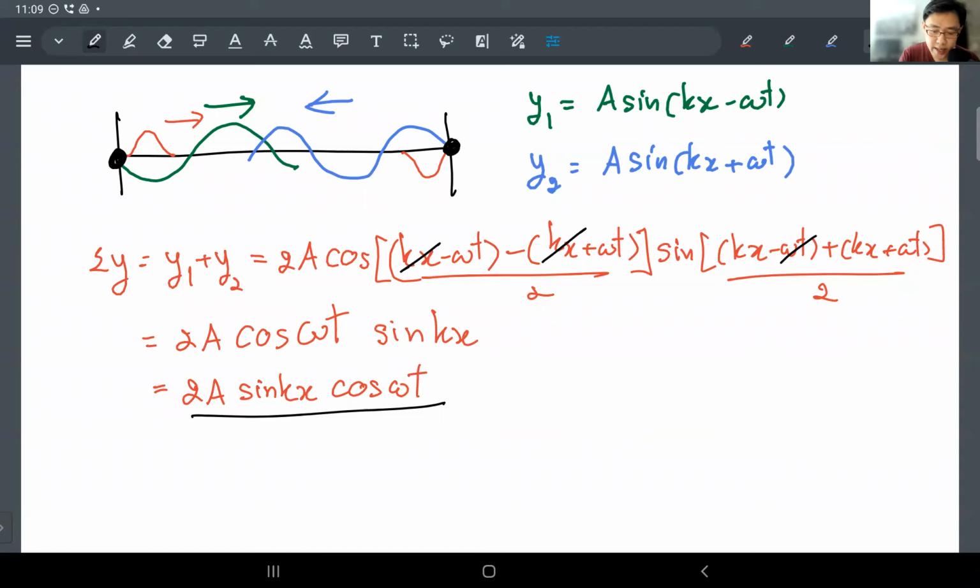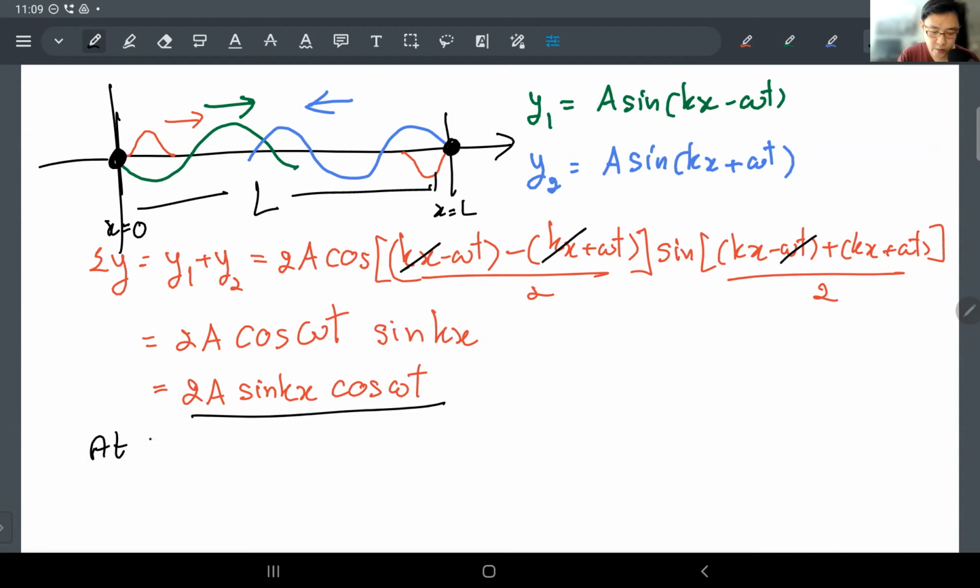Let me put in a coordinate so we can deal with this a little better. Let's say this string has the length L, and x equal to 0 is on the left, and x equal to L is on the right. Okay, I'm going to use these coordinates. So what you have over here is, well, that's no big deal. It looks like your equation looks good.